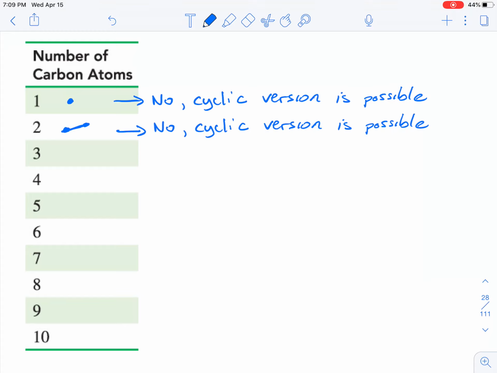Now for 3 carbons, is there a way for you to arrange 3 carbons or 3 dots such that you can form some type of ring? And this isn't like the ring that we think about on our finger, just something that is cyclic or enclosed. The answer is yes. A cyclic version is possible.